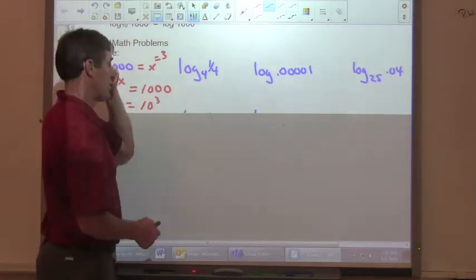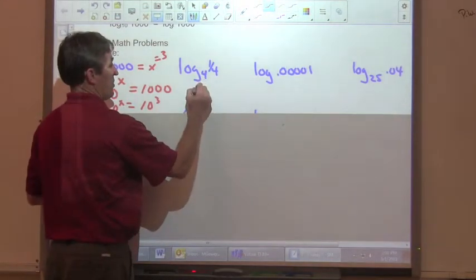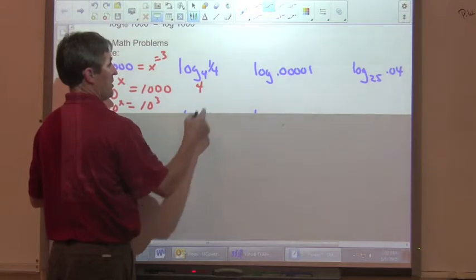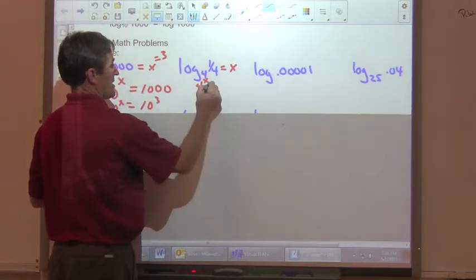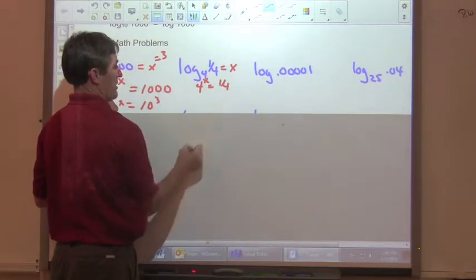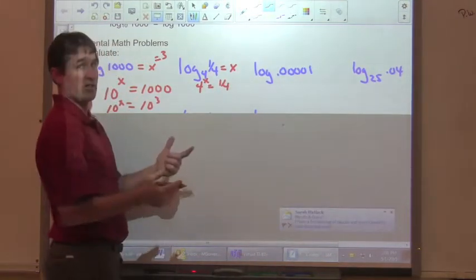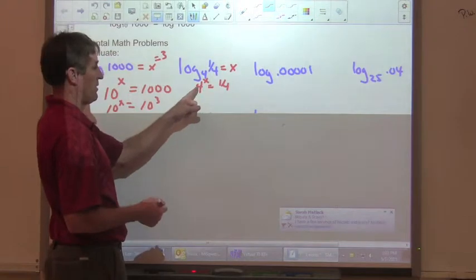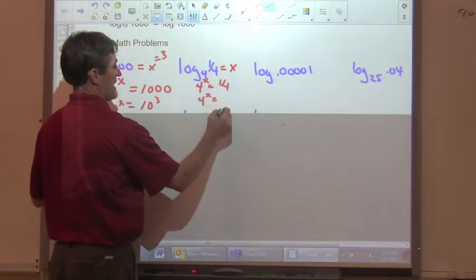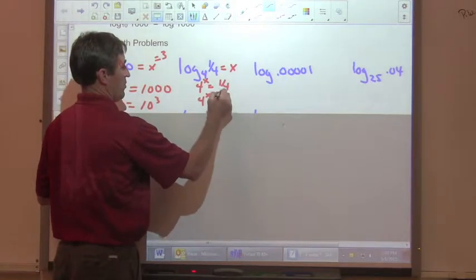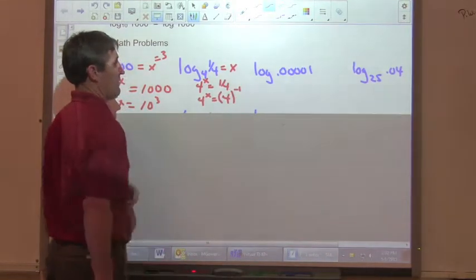So let's take this one. This would become, the base is 4. Again, this is my exponent, so 4 to the x equals 1/4. And so now we ask ourselves, how can I write 1/4 in base 4? So I'm going to change that to 4 to the negative first power.